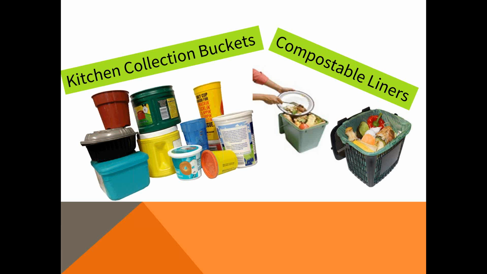So also you need to kind of train your participants. What are they going to put their food scraps in to bring them to your site? And so what I recommend is if you're not going to encourage them to buy a kitchen caddy like what's on the right side of your screen, or if you don't have those to give away for free, then you collect some samples of like kitty litter containers or yogurt containers or little tubs, or just have a list of containers they can buy at their local hardware store, because you'll want to help them get started with their kitchen collection so it's over the yuck factor.